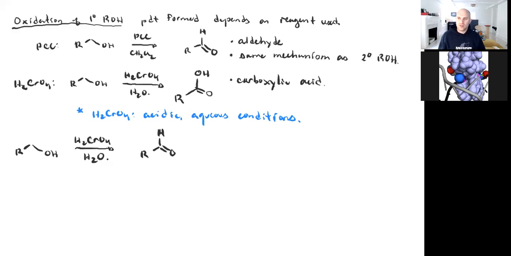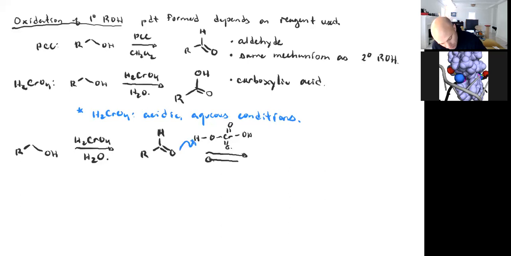Aldehydes are reactive species. We have water and acid around, and so the aldehyde reacts with both of those. There's essentially an acid-base reaction that occurs between the aldehyde and the chromic acid.